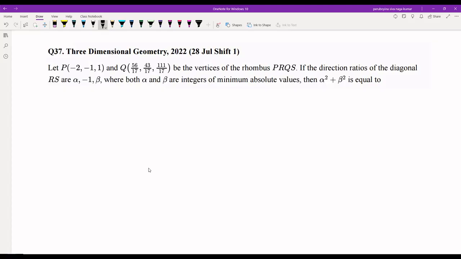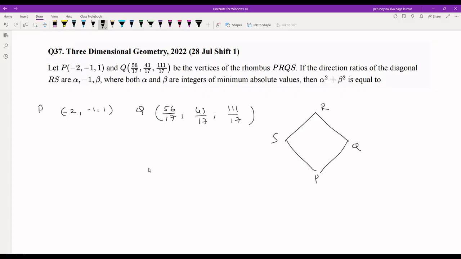So let's copy this: P point (-2, -1, 1) and Q point (56/17, 43/17, 111/17) be the two vertices of the rhombus PQRS.